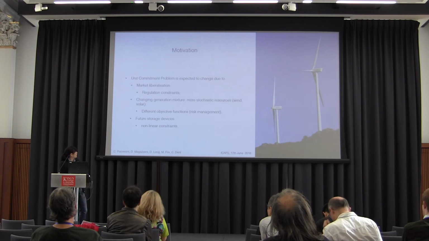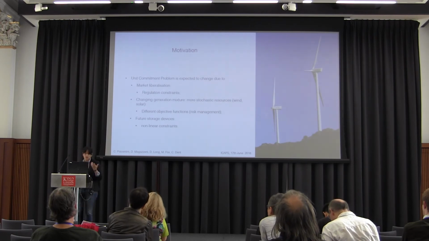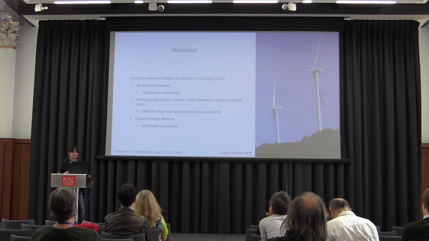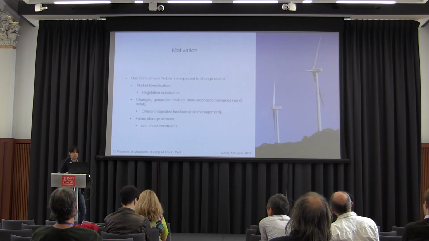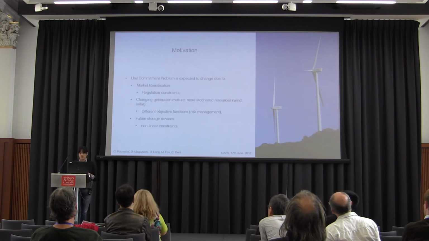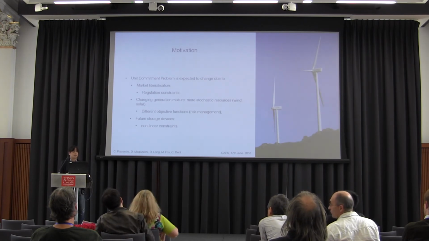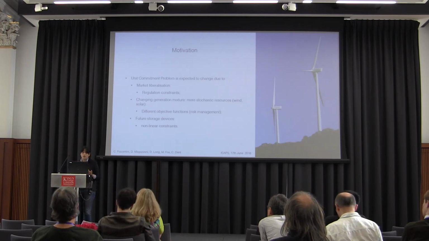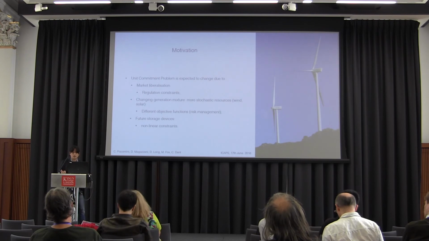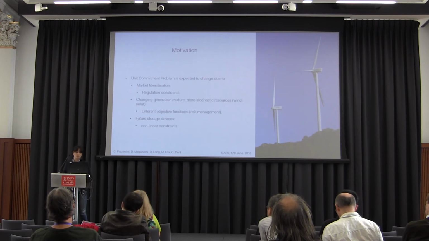First of all, we have witnessed market liberalization, so we should take into consideration some other constraints, for example, manipulation constraints. And then we are witnessing an increase in the penetration of stochastic resources, such as wind and solar farms.